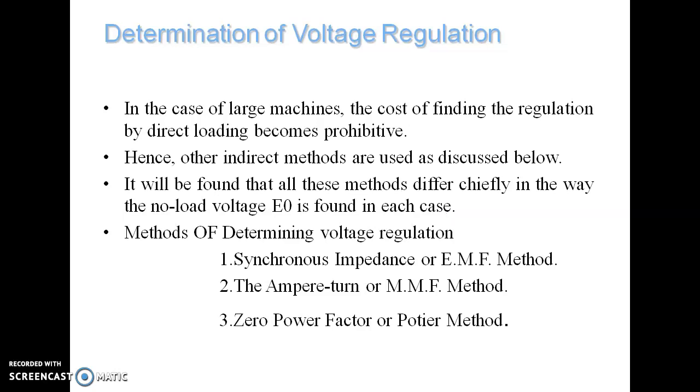After finding E0, we will use the formula voltage regulation equals (E0 minus V) by V into 100. So, the methods of determining voltage regulation are the synchronous impedance or EMF method, the ampere turn or MMF method, and the zero power factor or Potier method. And for this, we have used the synchronous impedance method according to our syllabus.